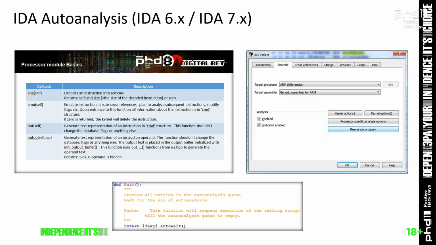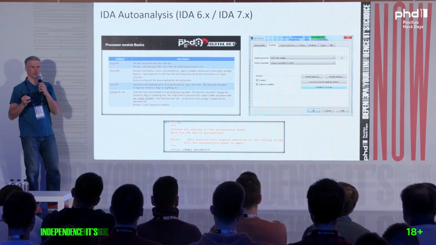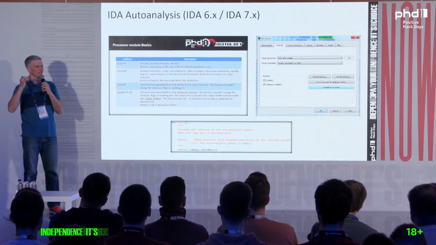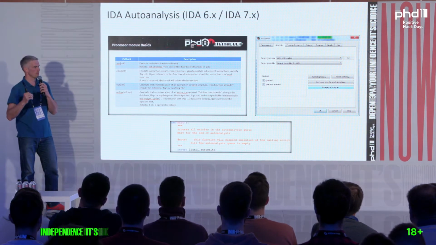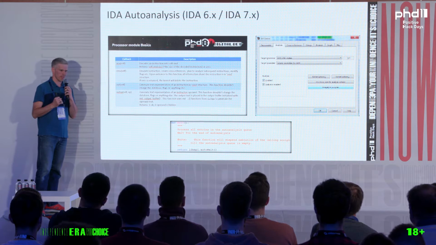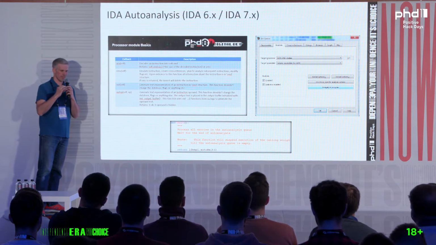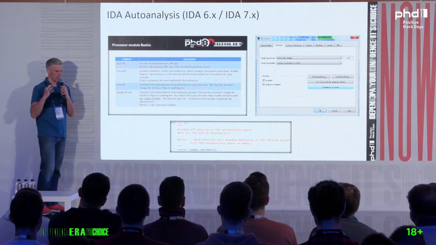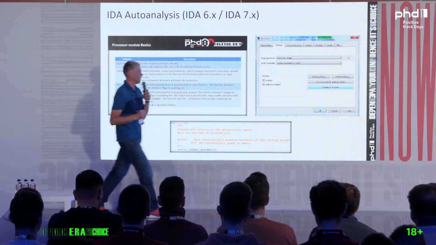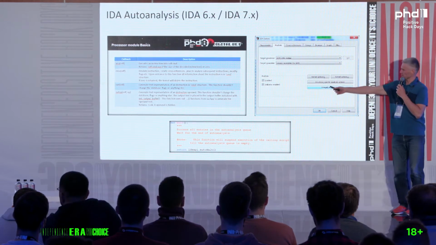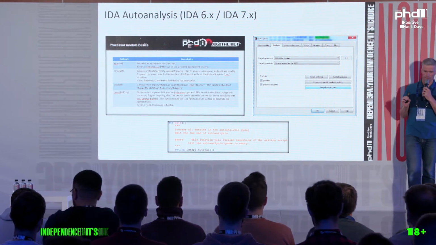This part will decode instructions, and the other one will be emulating what they do. It will look at the kind of pointers they have at each other, like the kind of code each function will invoke. Inside IDA, on top of all these CPU modules, there is a component that can be found in the menu over here.